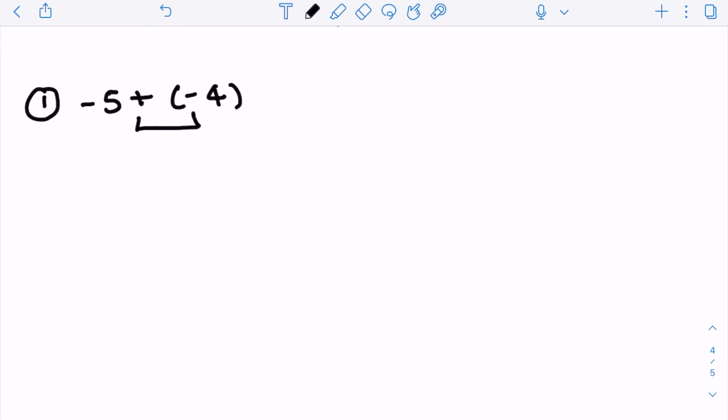We've got a plus sign and a minus sign, which we know is going to give us a minus. So we can rewrite this as minus 5 minus 4. And when we're working with two negative numbers, we're working backwards on the number scale. So starting from minus 5, we're taking away 4, which means we'll end up with minus 9.